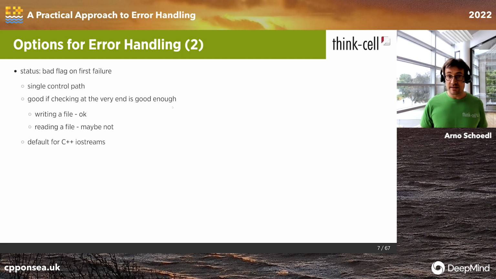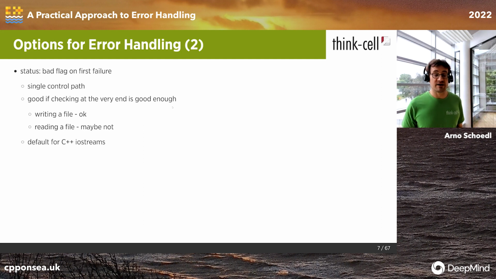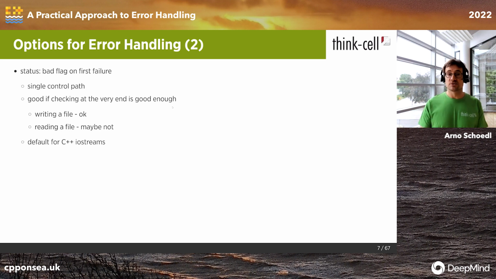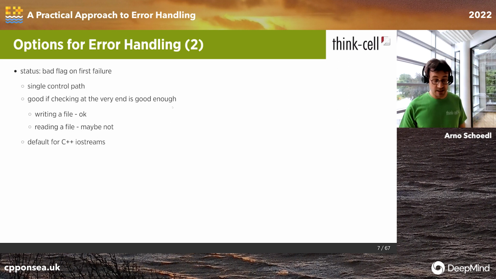This is fine, and this is very practical if checking at the very end is good enough. So if you're, for example, writing into a file and any one of these writes failed, it's probably enough to know that at the very end, when you're finished writing the file. Now, when you're reading a file, well, you need intermediate results, and there you probably have to find some other solution. As I said, it's used for C++ IO streams.